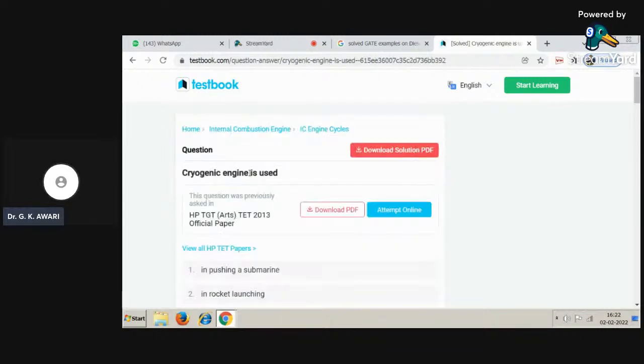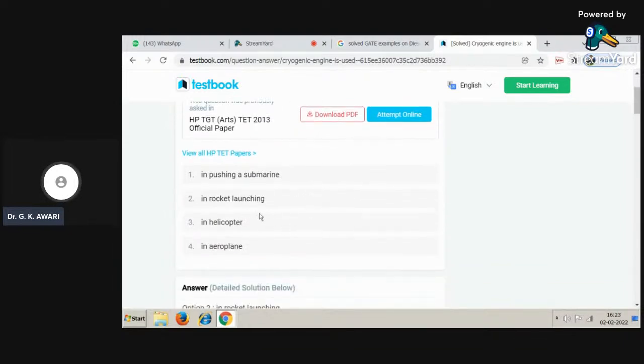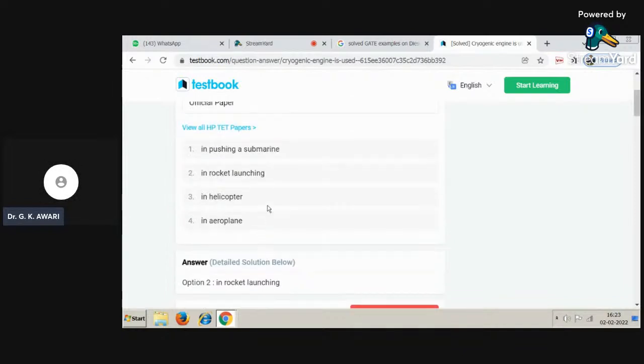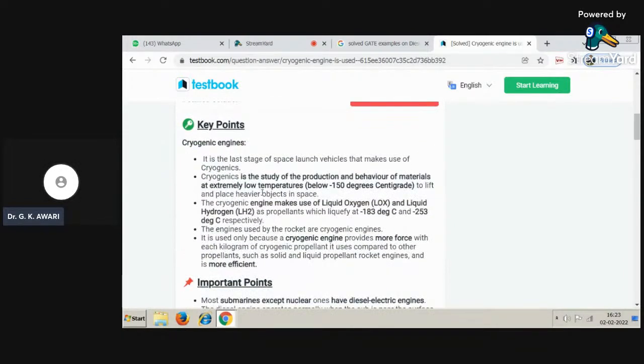One of the good questions. A cryogenic engine is used in pushing a submarine, in rocket launching, in a helicopter, or in an aeroplane. Okay, the engine is used in rocket launching. So we have to study this topic of the cryogenic engine.